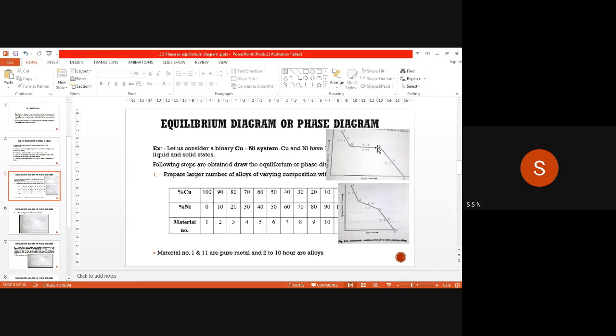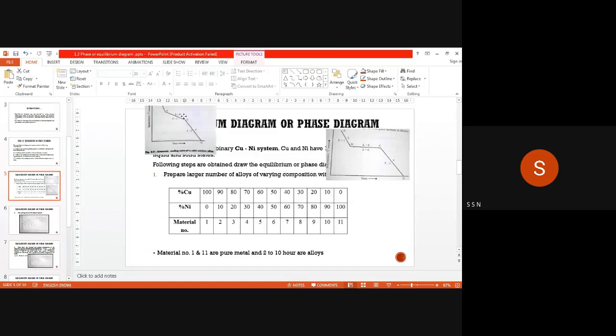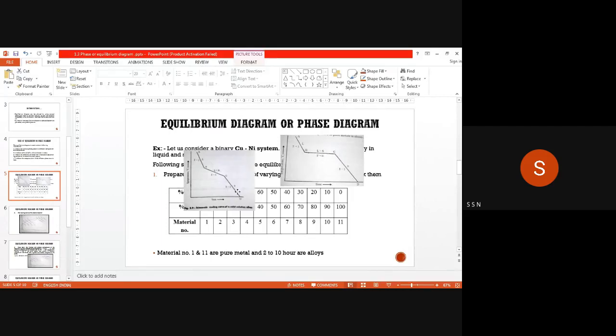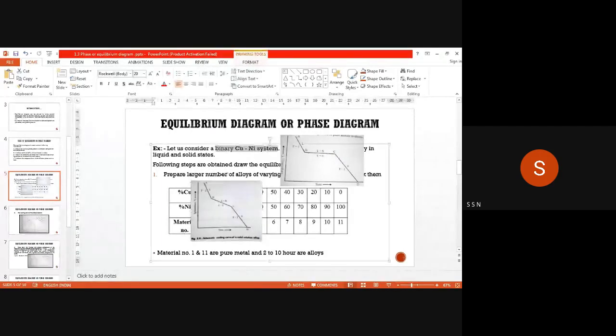That means one horizontal line is there. Here all three are inclined, having different degrees of freedom. Here that central line B to C has degree of freedom 0. So from these two equilibrium diagrams only, we need to prepare a phase diagram for this binary solid solution alloy of the binary copper-nickel system.